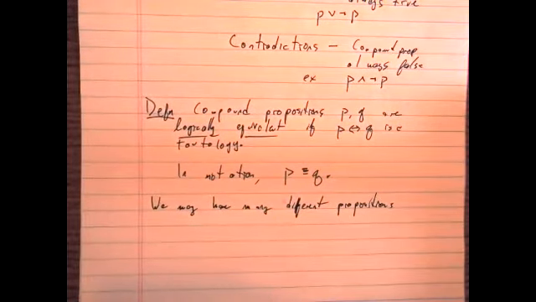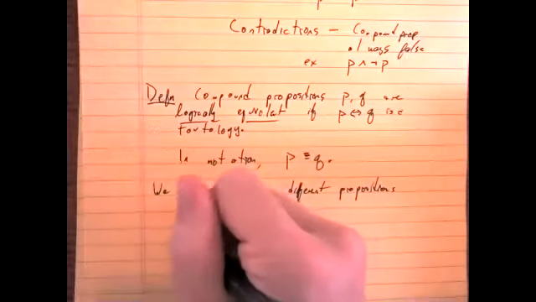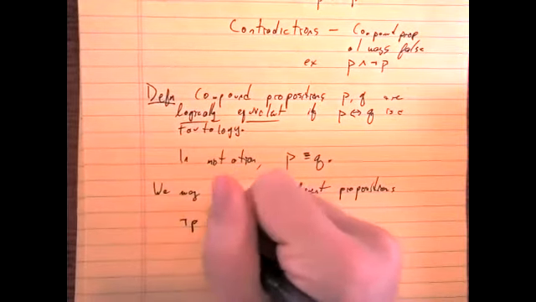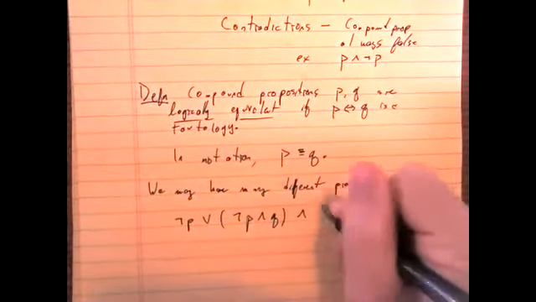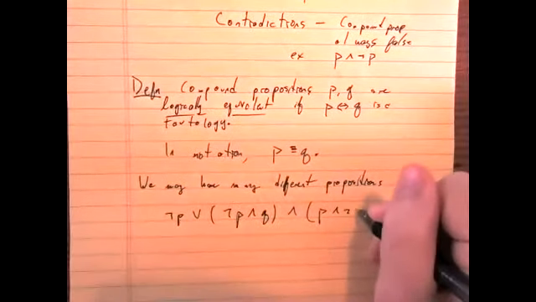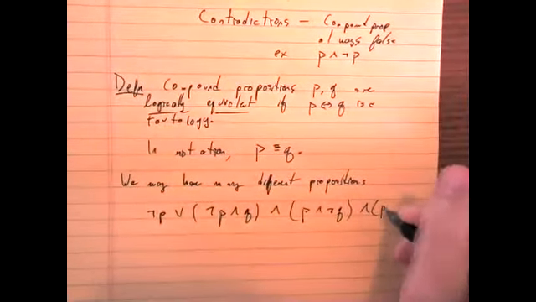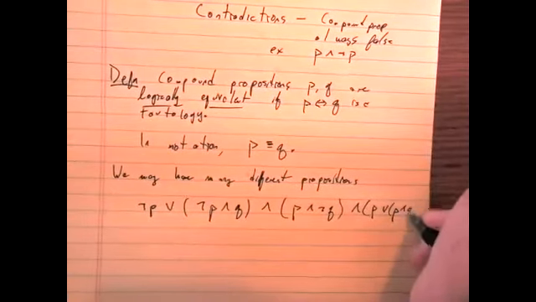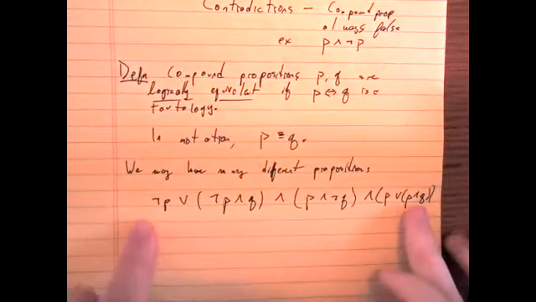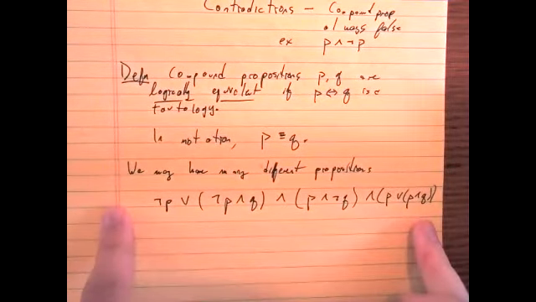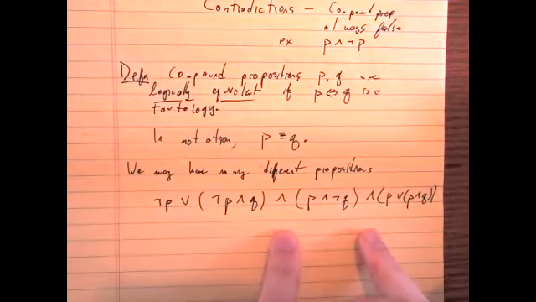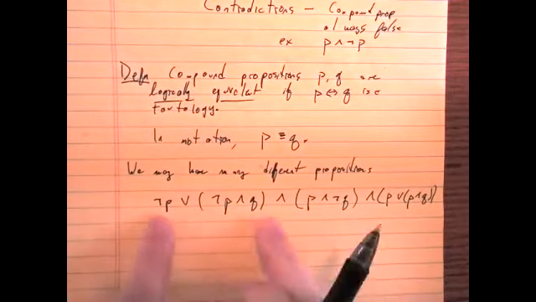You can build longer and longer propositions with more and more terms, right? Like I can write down some terrible proposition by not P or not P and Q and P and not Q and P or P and Q, right? Like I can write down horrible, terrible propositions with very complicated expressions, but nonetheless, this is almost certainly going to be logically equivalent to something more simple.